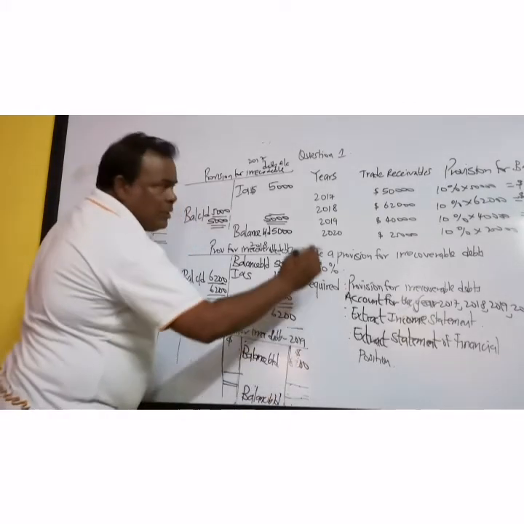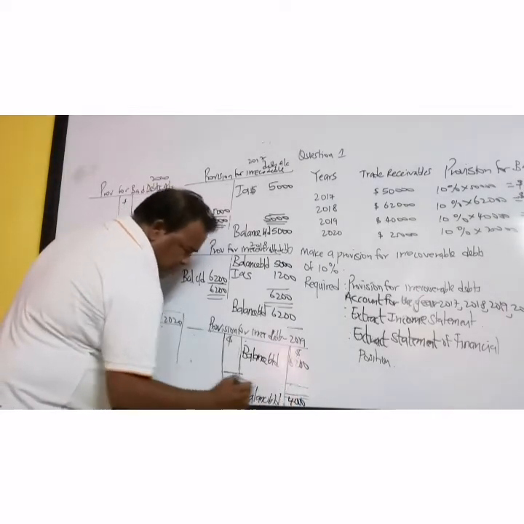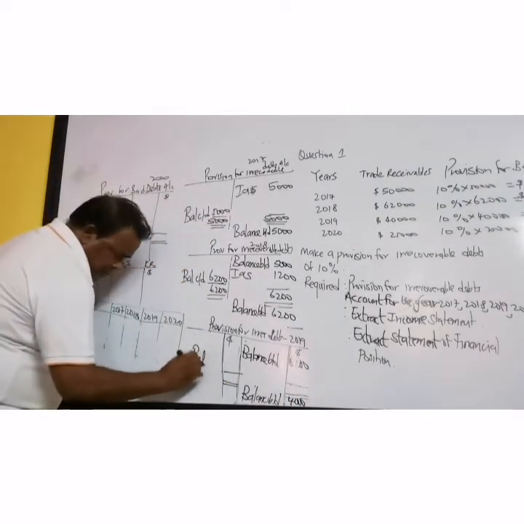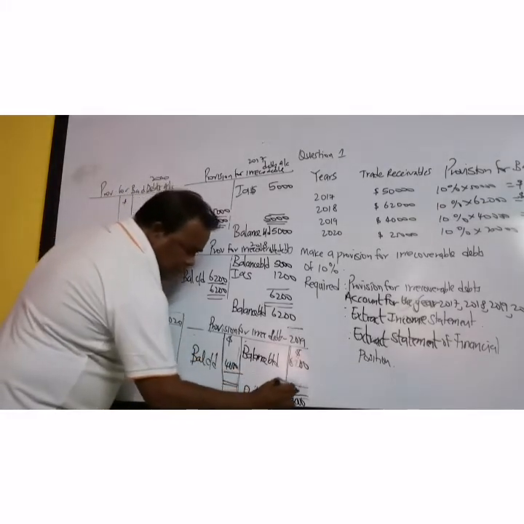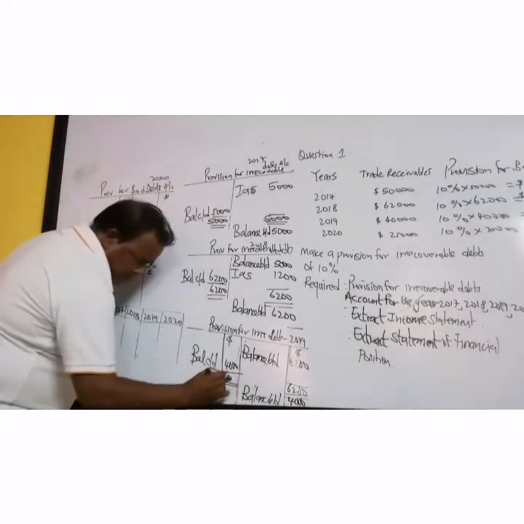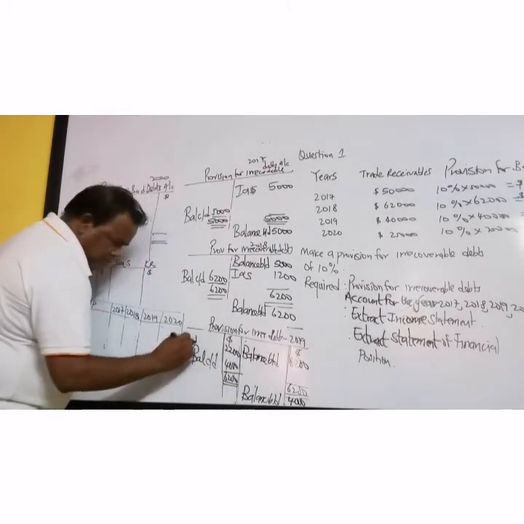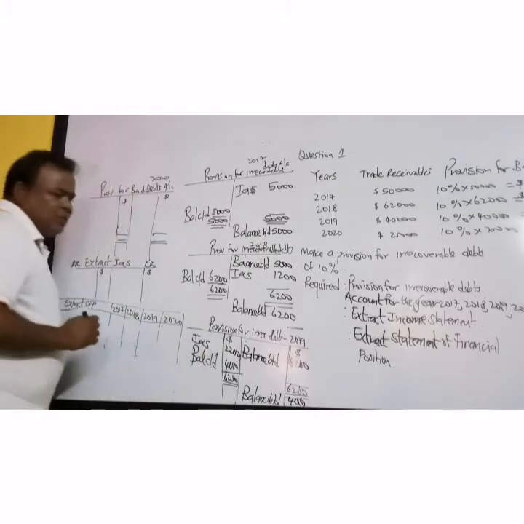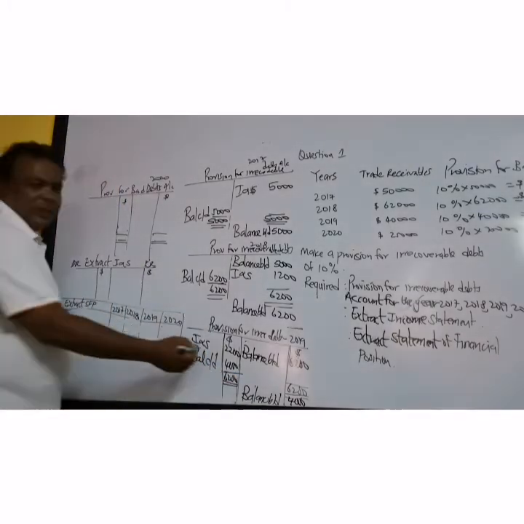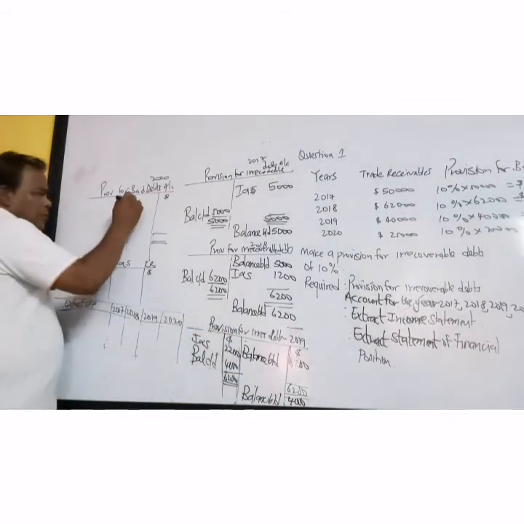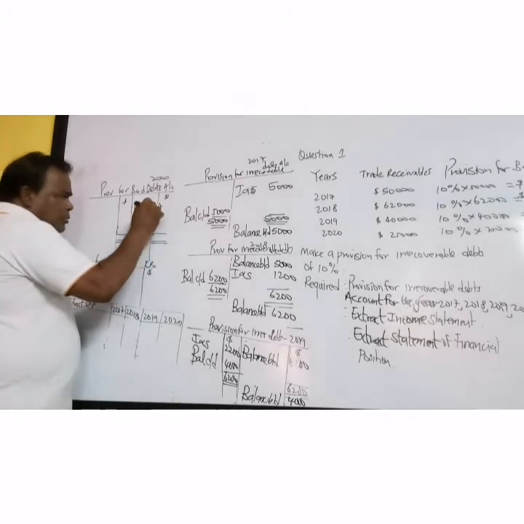What is the closing balance? 4,000, and this will be followed by balance c/d here, 4,000, and then we have to close it, 6,200 here, 6,200 minus 4,000, this will give us 2,200. This is for 2019, and the closing balance for 2019 will become the opening balance for 2020, 4,000.